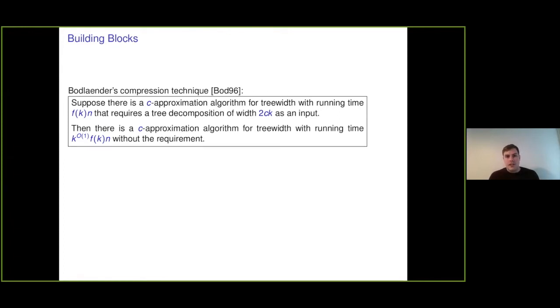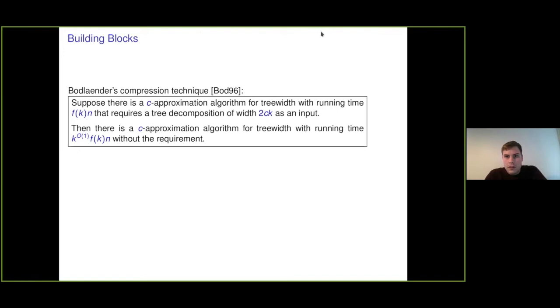Then there is a C approximation algorithm for Treewidth without needing any tree decomposition as an input, and this causes only polynomial overhead in k. So basically, in 2-approximation algorithms, we can assume a tree decomposition of width 4k plus 3 as an input.